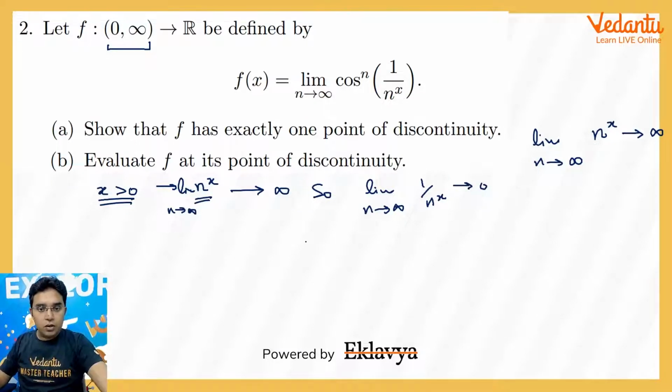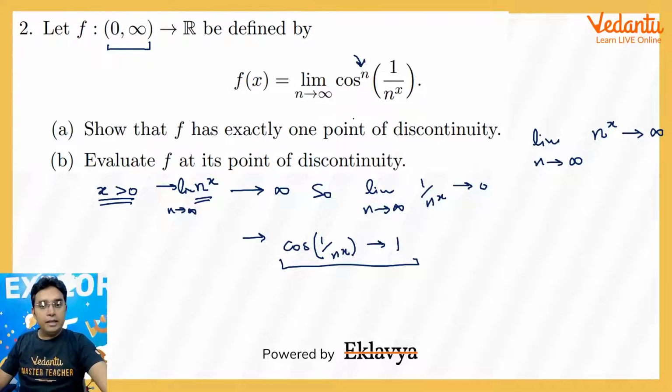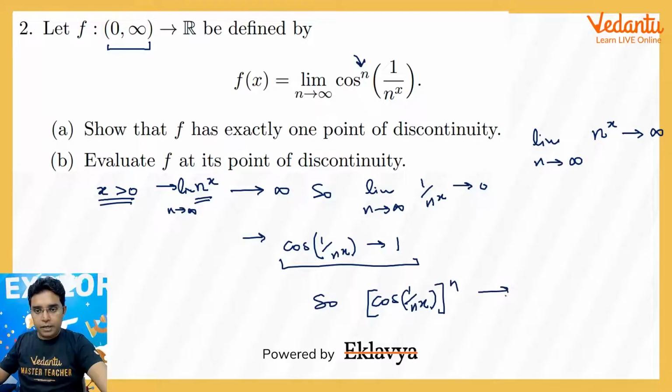And if it is 0, then cos of 1 upon n^x will approach 1. And this 1 is raised to n, which is approaching infinity. That means we have a form of 1 power infinity. So cos of 1 upon n^x, whole raised to the power n, is actually 1 power infinity form.